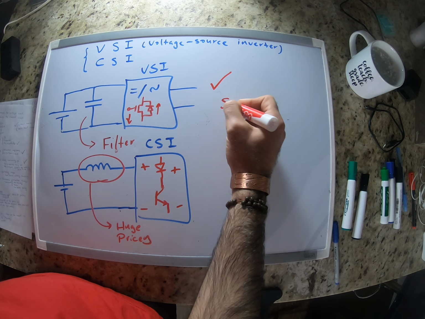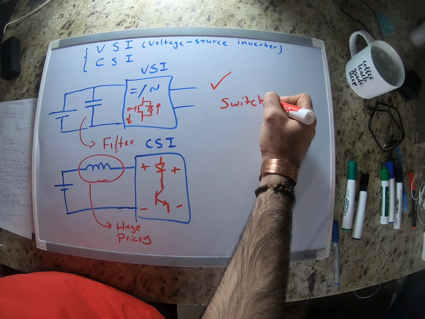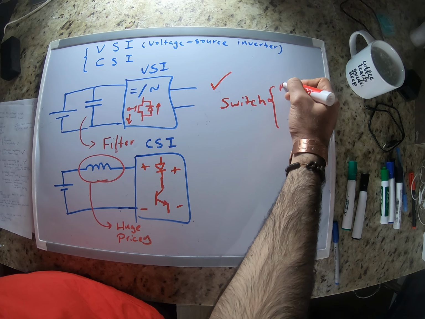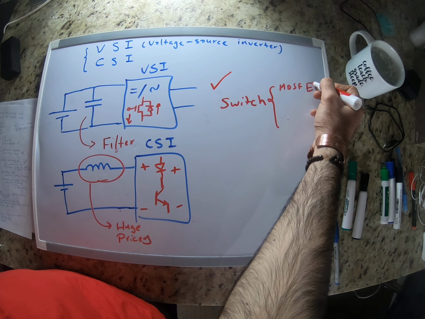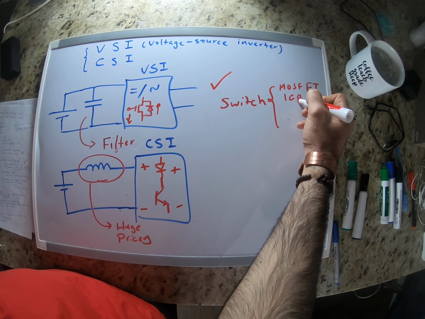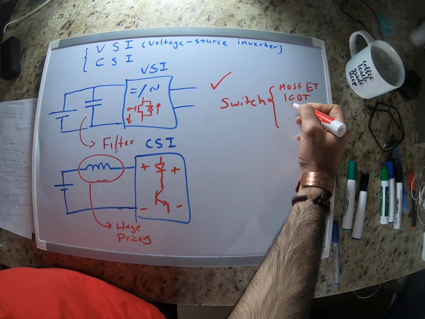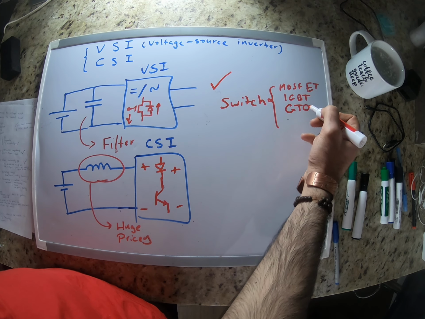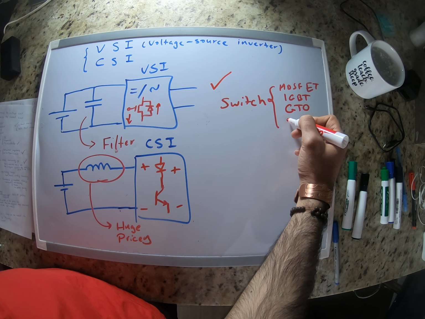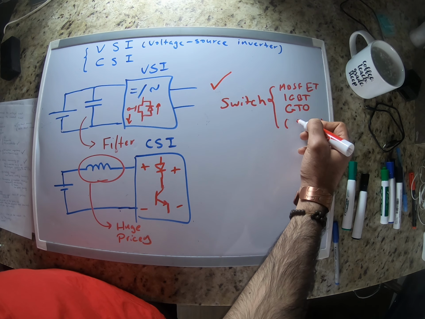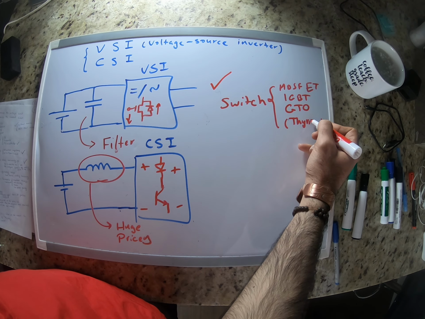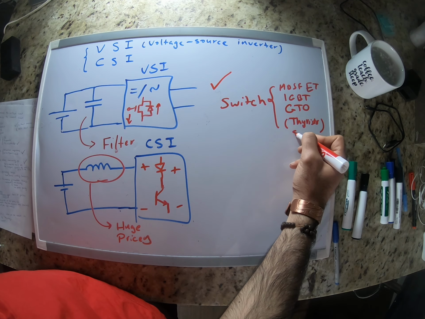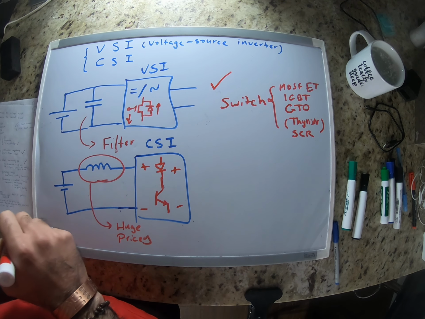These switches can be either MOSFETs, IGBTs, GTO, or in the older generations we had thyristors or SCRs, silicon controlled rectifier.